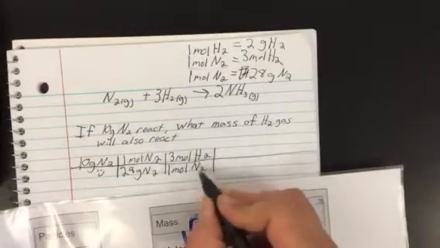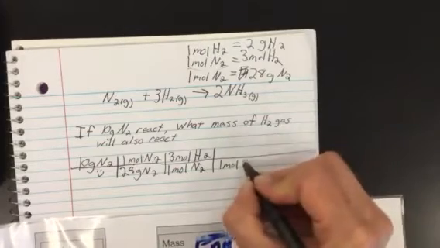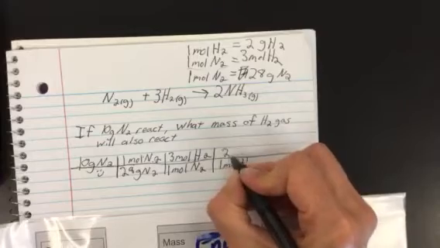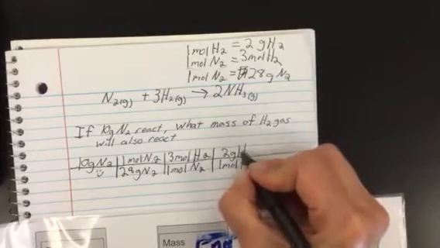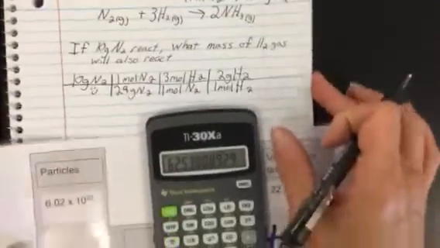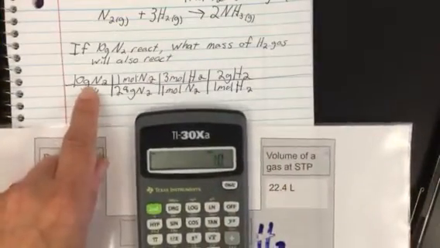I've got moles H2 here, so we'll drop the moles of H2 to the bottom and put the mass on the top, 2 grams H2. Okay, so we come back with our calculator and we say 10 grams.